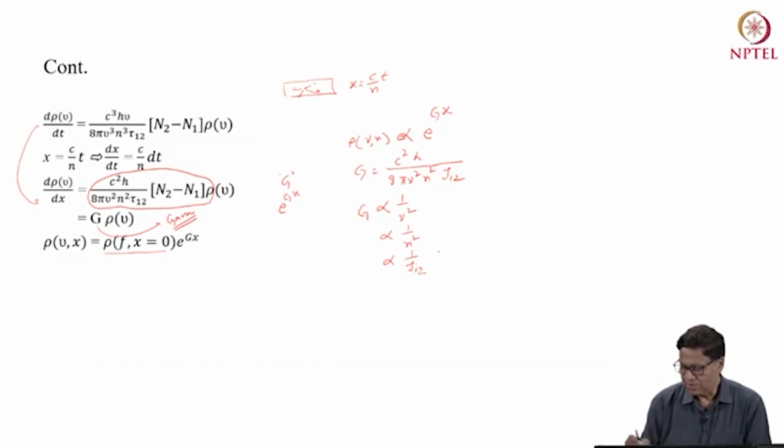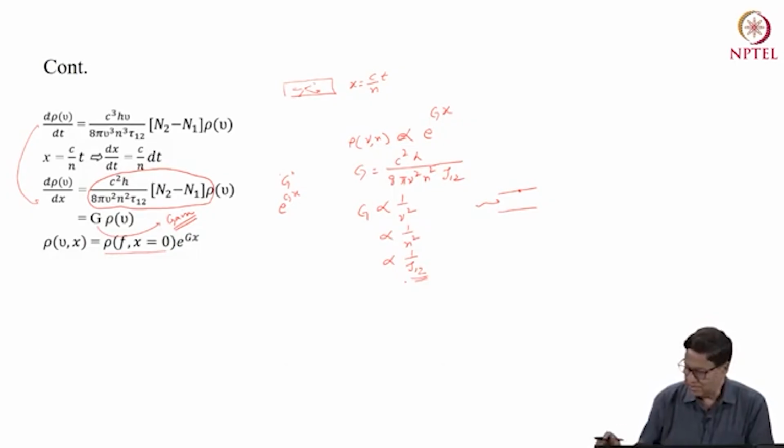What it means is that if tau 12 is small, g is high. If you consider a two-level system and tau 12 is very small, that means it is spontaneously falling to the ground state very rapidly, and this is aided by the input flux density. So the spontaneous emission is actually adding to the gain. It explains why g is related to tau 12.